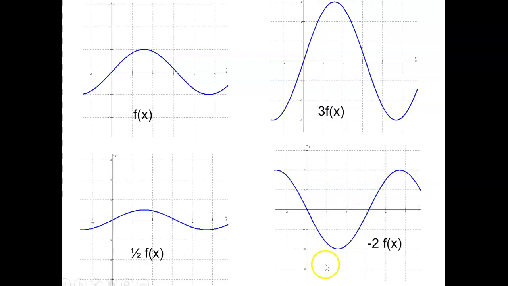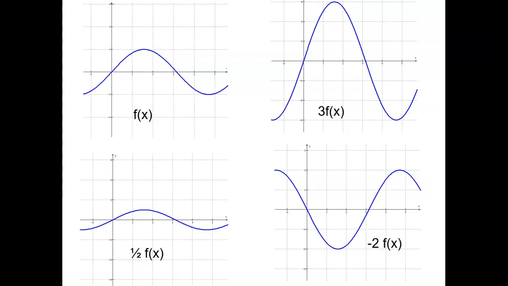If I put a negative in front and also multiplied by 2, we know from pre-calculus that this would stretch the function by 2, but the negative value in front, remember, is a factor of flipping it, or reflecting the function over the x-axis.